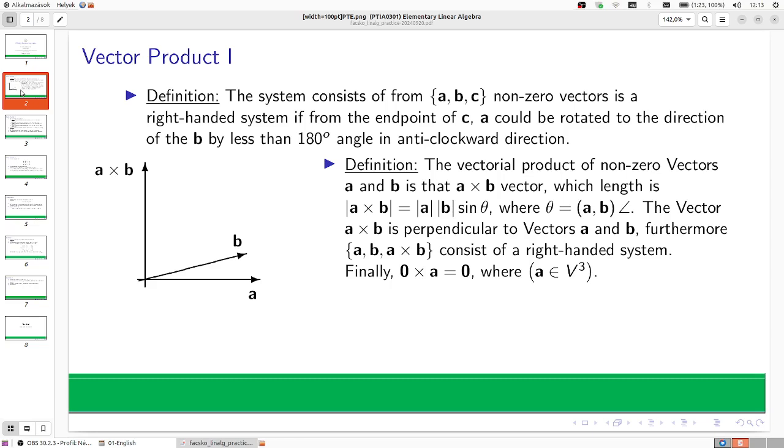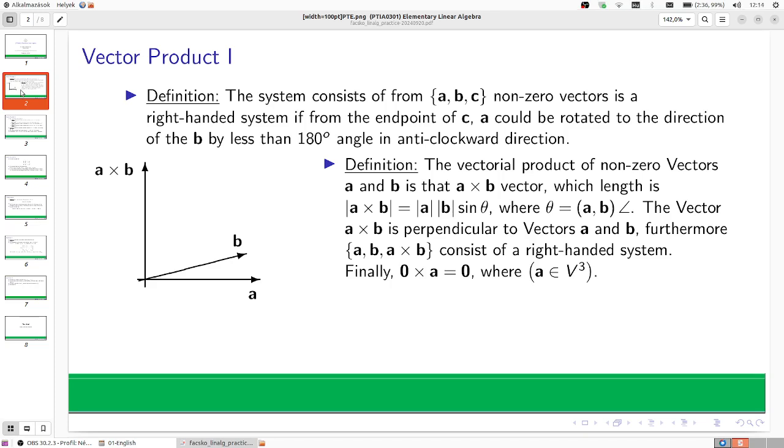is a right-handed system. So this is the direction of the A, this is the B, and this will be the new vector. This new vector is perpendicular to the B and perpendicular to the A. Actually, with this, in physics, in space physics, or anywhere, you can determine the direction of the normal of a plane in three-dimensional space.